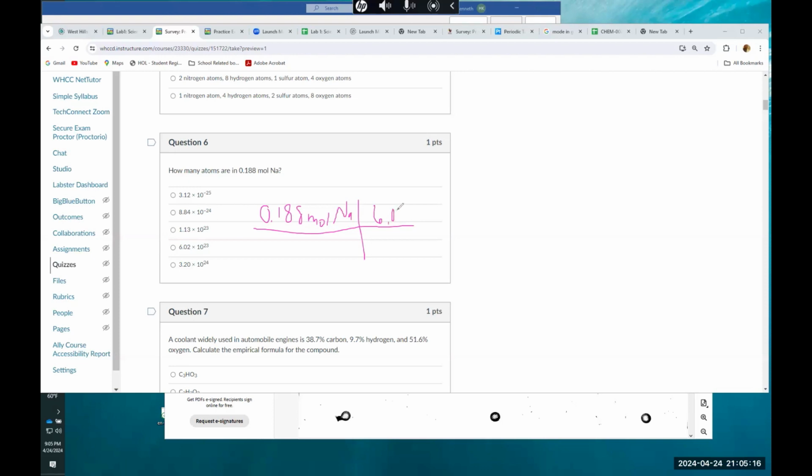That's right. And underneath that would be 1 mole of sodium, and this would be atoms of sodium.